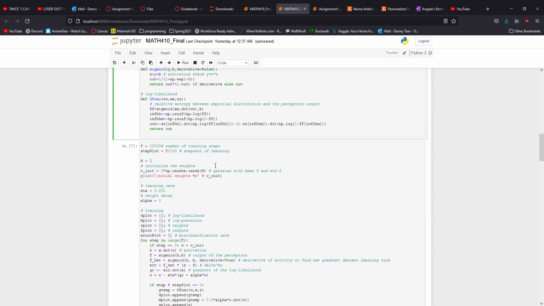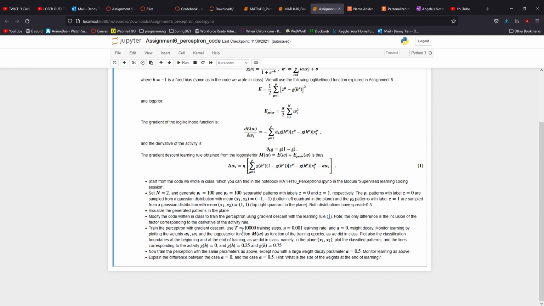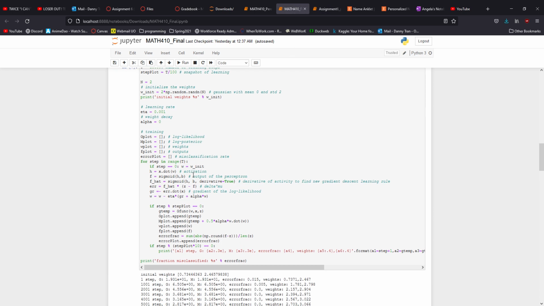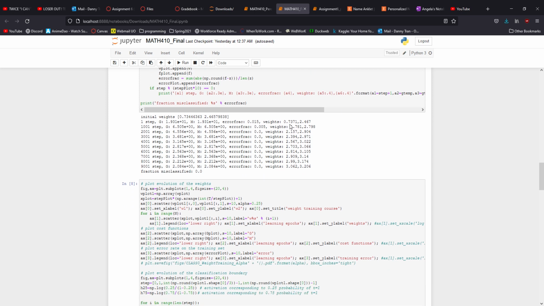So for alpha equals 0 is what we want. The first one is we're using 10,000 training steps, 0.001 learning rate, and alpha equals 0 for the first perceptron. And this is what we did here. We just followed everything. And we see that the weights keep going up and up.